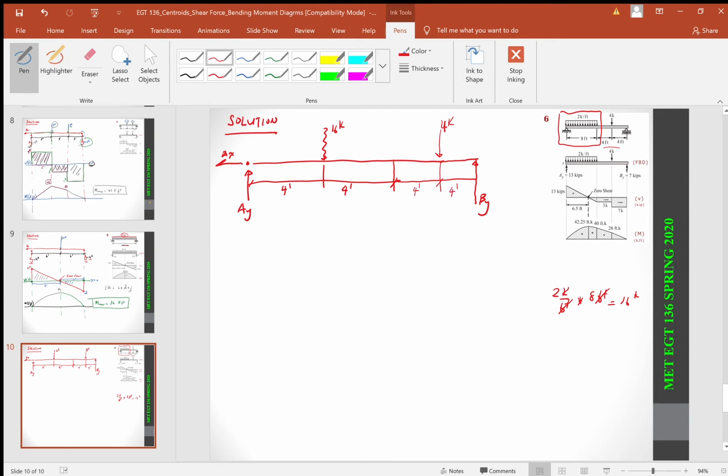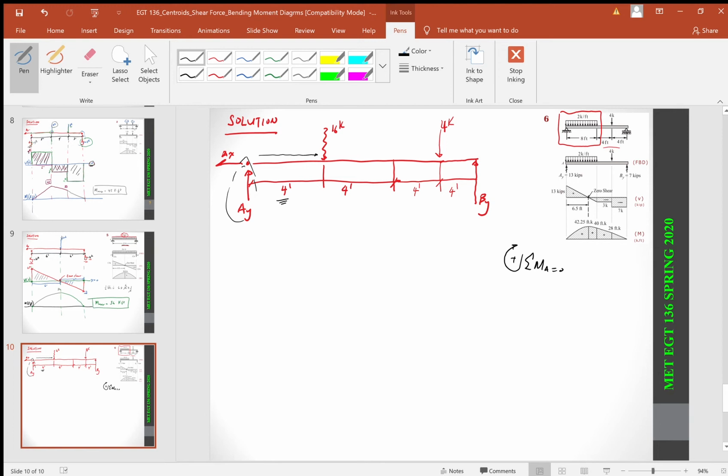Now, what I would like to do is find my support reactions, AY and BY. Again, I can take the sum of the moments about point A equals 0. This is my point of interest right here. The first force I come in contact with is 16 kips, and it has a distance of 4 feet away.